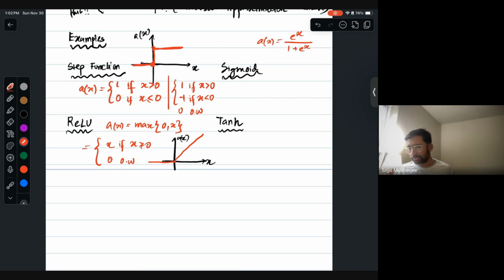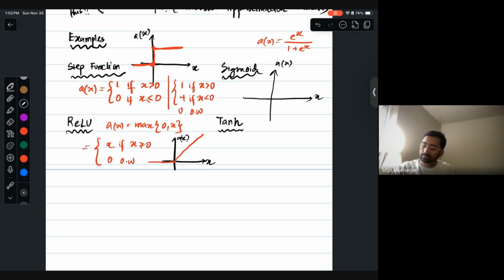So you can see that sigmoid and tanh are bounded, and the step function is also bounded. For example, if you draw this, it will turn out to be something like this. It transforms everything between 0 and 1. It turns out something like this.